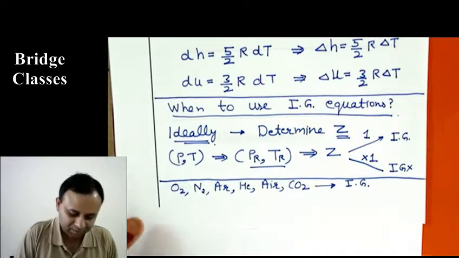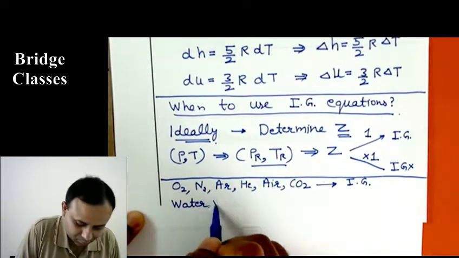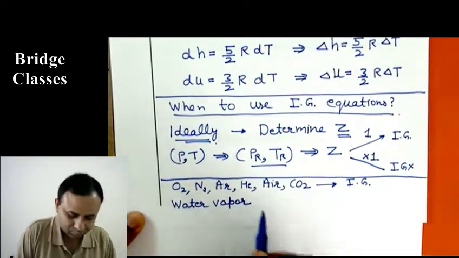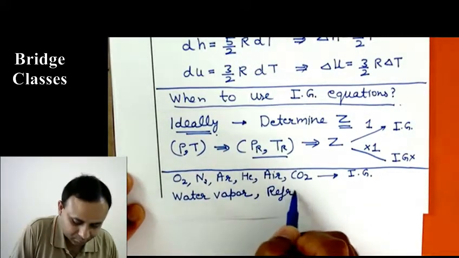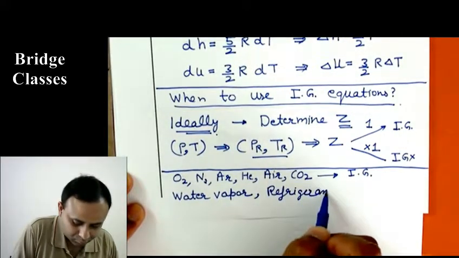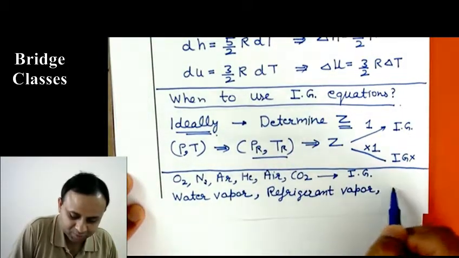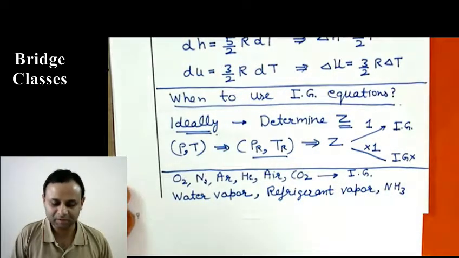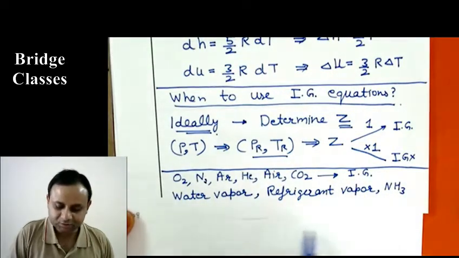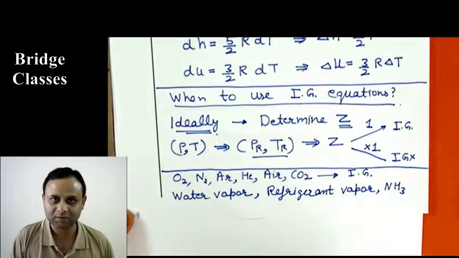But if it is, say, water vapor, or some refrigerant vapor, or say ammonia, which is also a refrigerant, most likely the situation is going to be such that Z is not 1 if we actually calculate this.